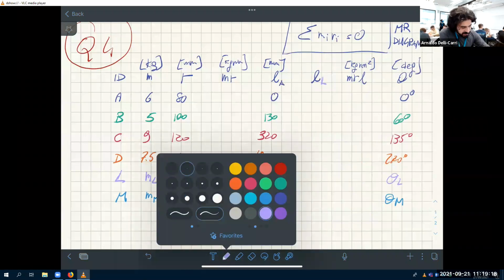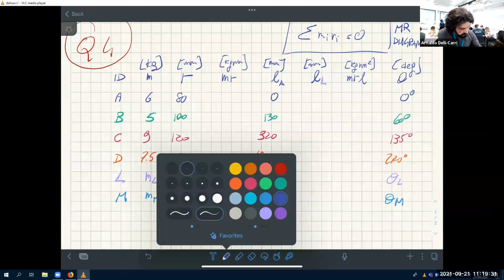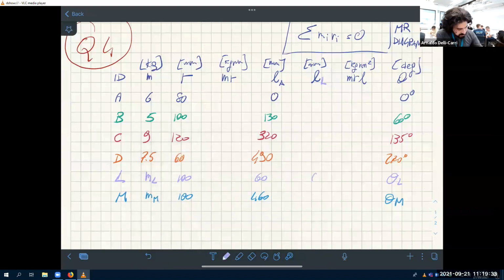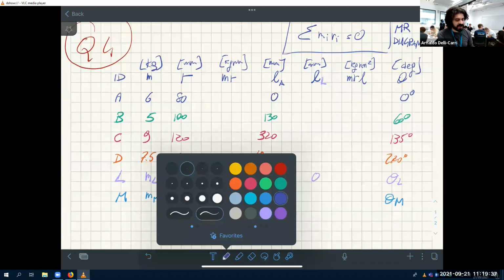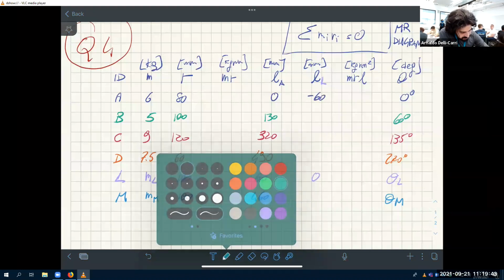So this is also millimeters. And now I know how much is the distance from A to L? It's 60, but if my L is 0, yeah, correct. If my L is my new 0, I have to subtract 60 from everything, basically. So this becomes minus 60. This becomes 70.